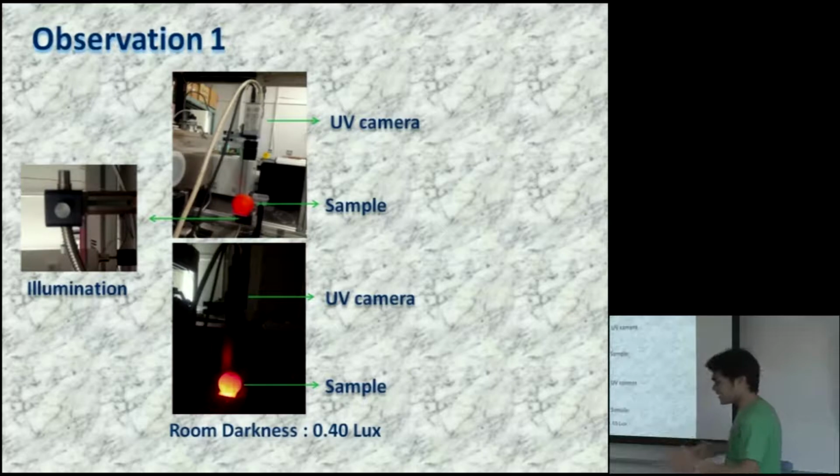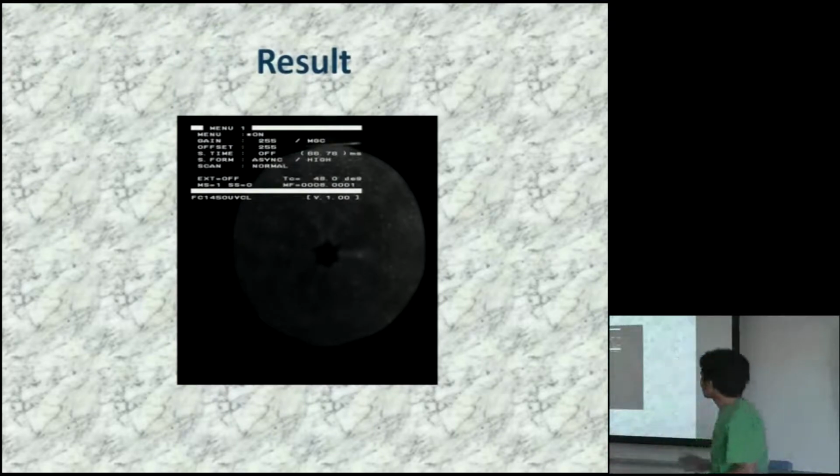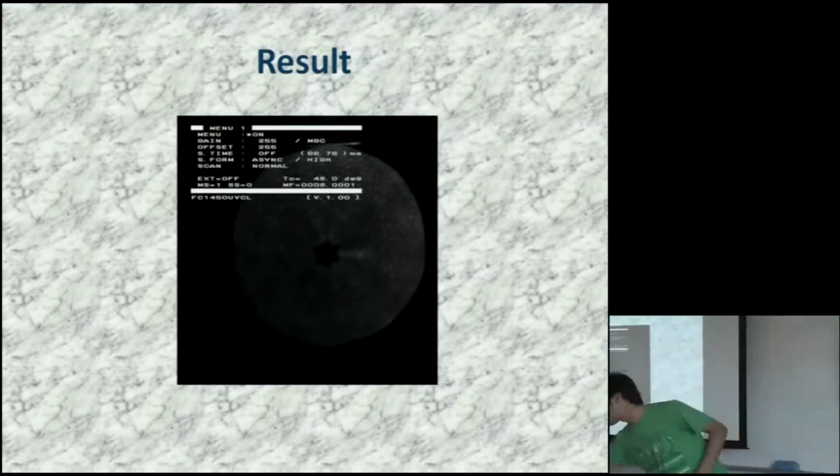So that's why I need a comparison between the UV camera and the UV visible region. This is the result. Based on this result, I wanted to measure UV by UV visible spectroscopy.